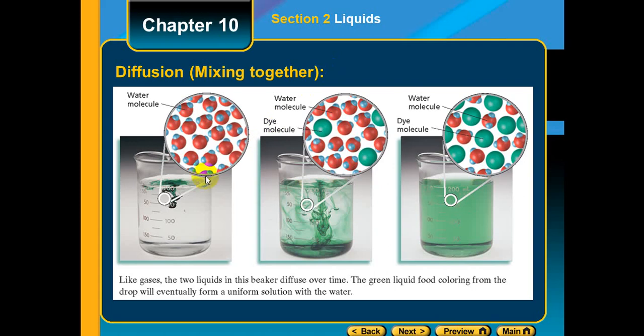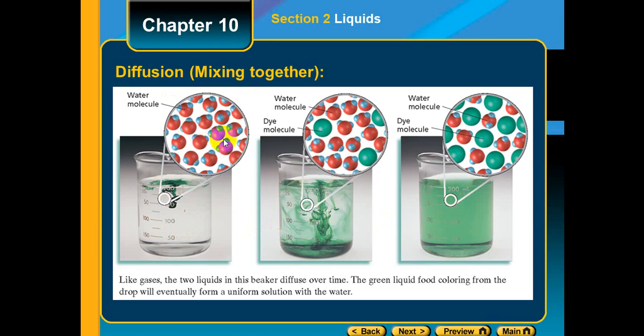So here food coloring or a dye is dropped into a cup of water. The dye starts to spread throughout the water. Here the dye starts to spread more, and here the dye forms a solution with water.